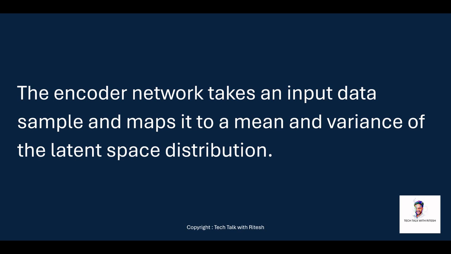What will the encoder do? The encoder network takes an input data and then maps it against the mean and variance of the latent space. So for example, you must have read this XYZ whenever we work in the 3D work area. So consider if this input point has XYZ notation, so it will just map it.